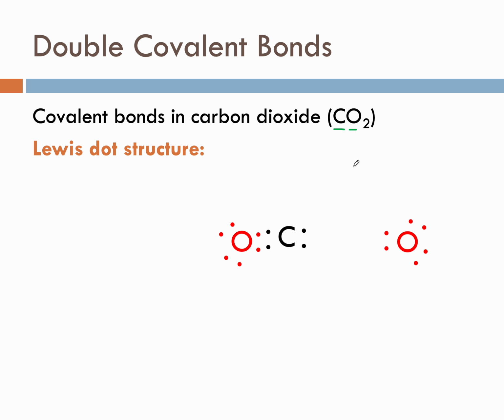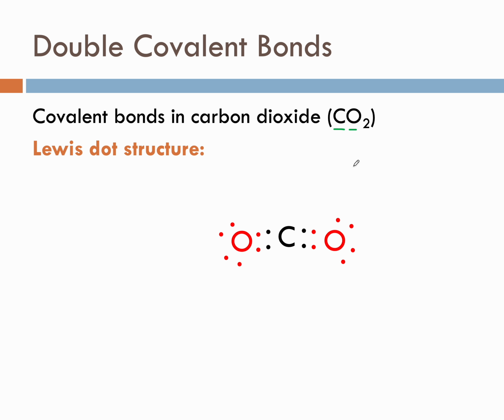Now I've put their valence electrons intentionally in weird spots because of how I'm going to bring these together when I bond them. You can play around with carbon dioxide a little bit and try moving the electrons to different spots, but what you'll find is the only way to give everybody 8 valence electrons, which is what you need for a stable octet, is to actually share 2 pairs between each oxygen and the central carbon.